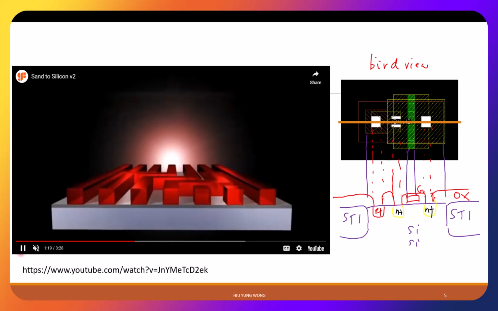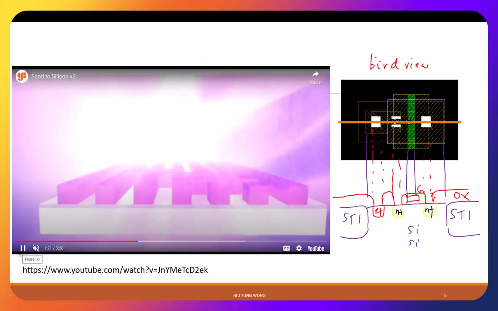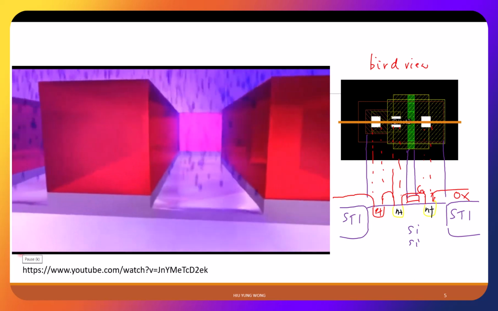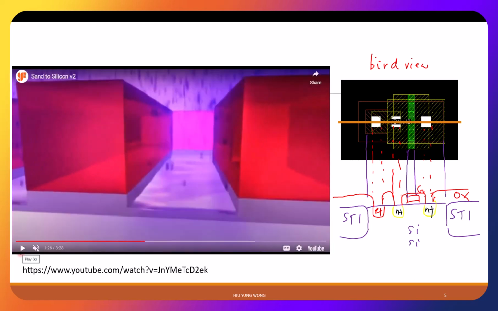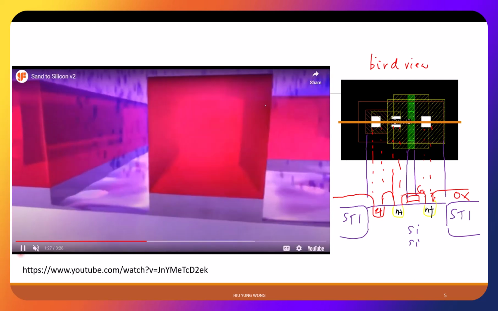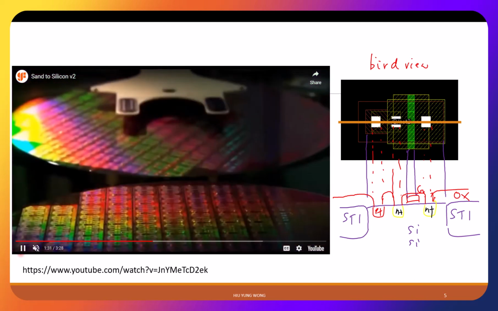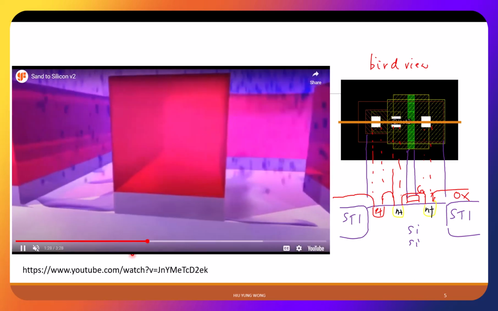Now, after you have this pattern left, so what? Here, what it's trying to do, I think, is ion implantation. It shoots a lot of atoms, ions, from the implanter, for example boron, phosphorus, arsenic, whatever you choose. Then you see that those opening areas are going to receive the atoms. Let me show you again here.